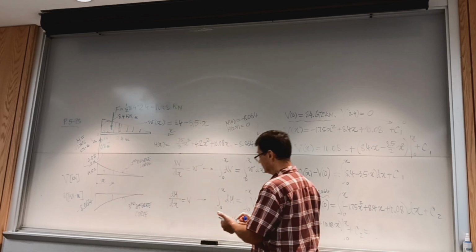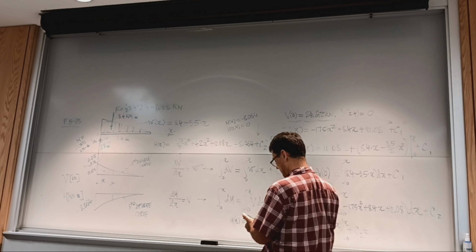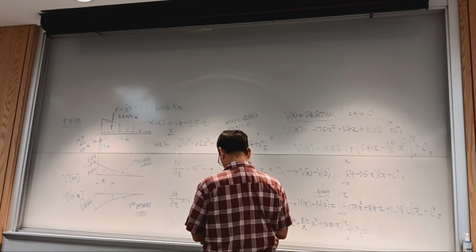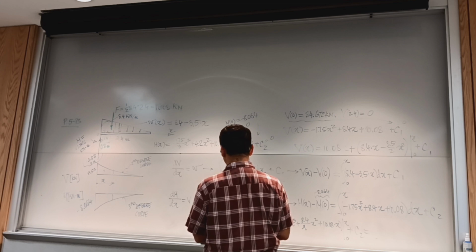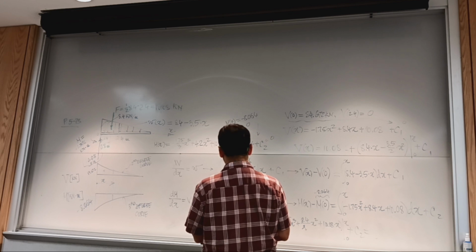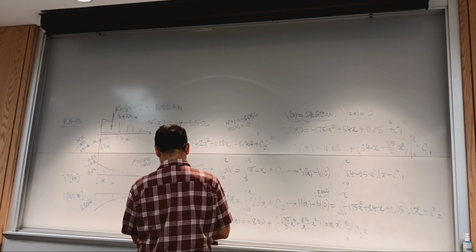So I have negative 1.75 over 3 times 2.4 at power 3, okay, plus 4.2 times 2.4 squared plus 10.08. I pressed the equal sign too early. I need to start over.